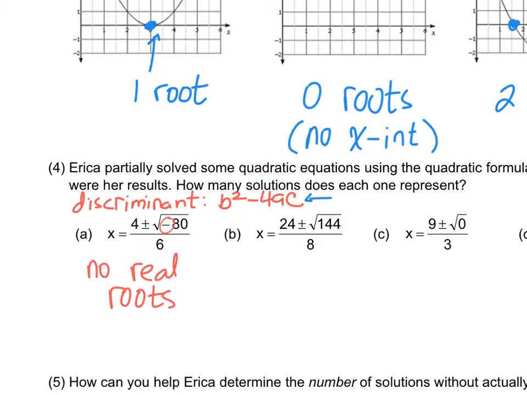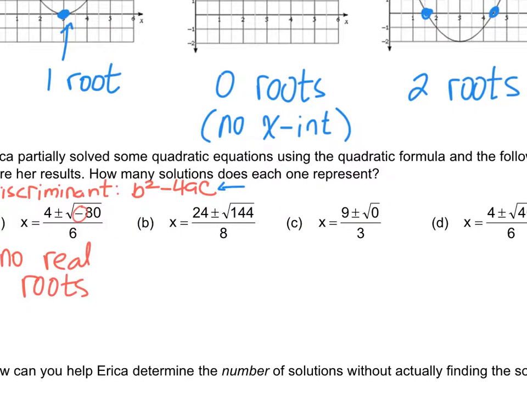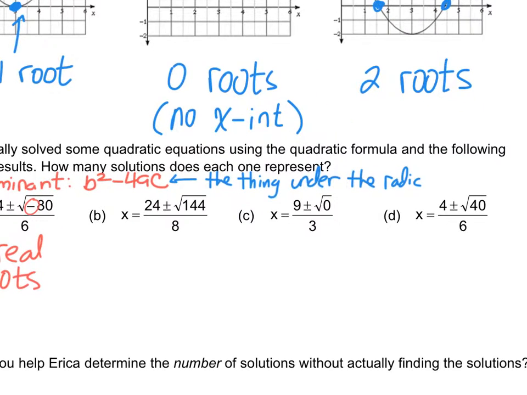Now, just as a refresher, it's the thing that's under the radical. I'm actually just going to write that. The thing under the radical, but specifically in the quadratic formula.